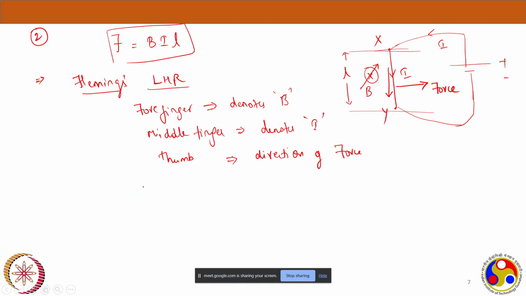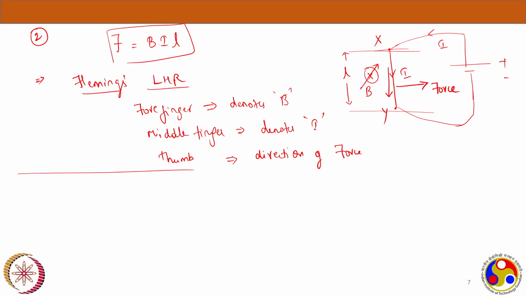So this is how we will make use of Fleming's left hand rule to find the direction of force. Now I will simply write a summary of the rules we have seen.